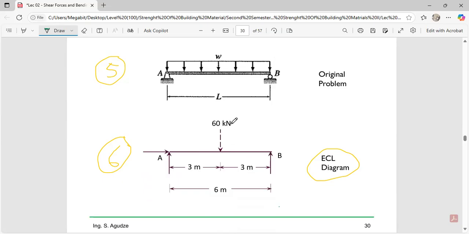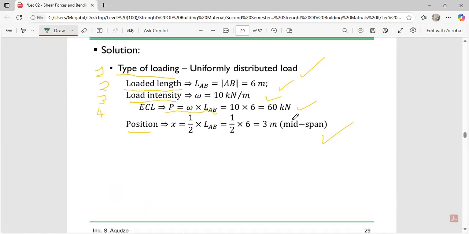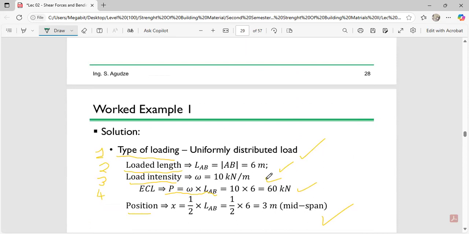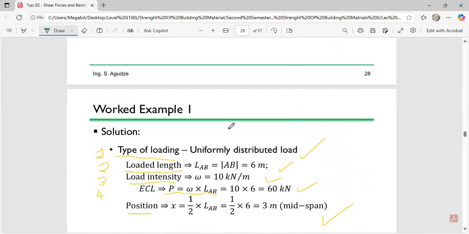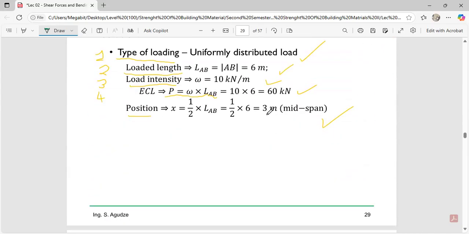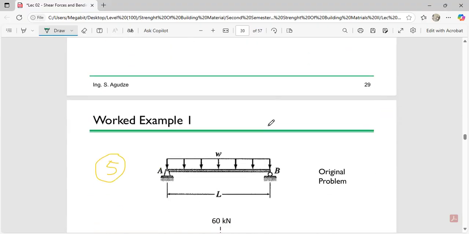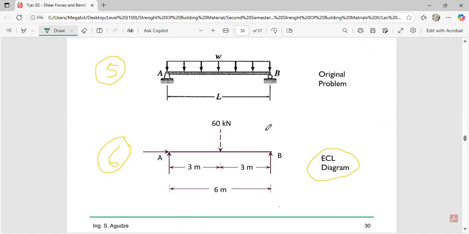Okay, so you can see that they said that it is at midspan from support A. It is at midspan. Okay, so whether you're calculating it from support A or support B, you are still going to get what? 3 meters because it's a simply supported beam. Okay. So that's why the 60 kilonewton that we had for our ECL, this is the answer we had for the ECL.